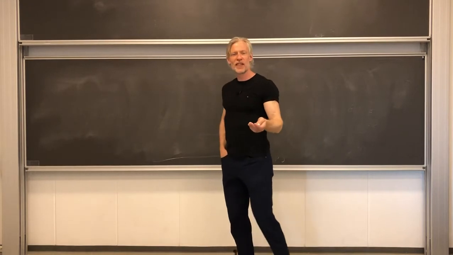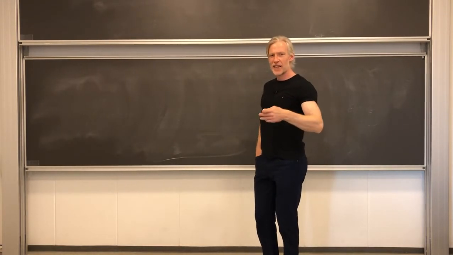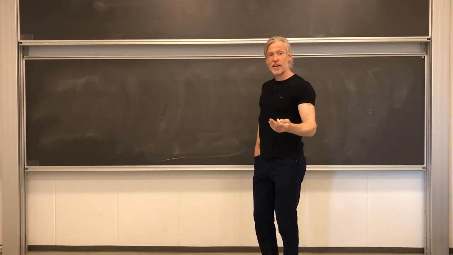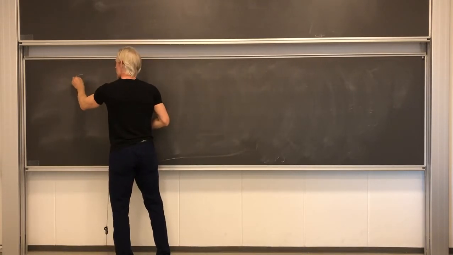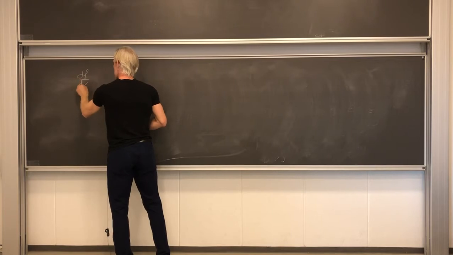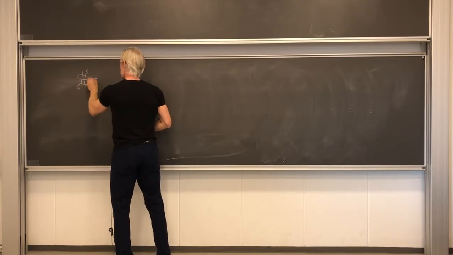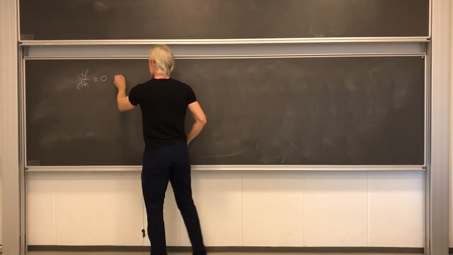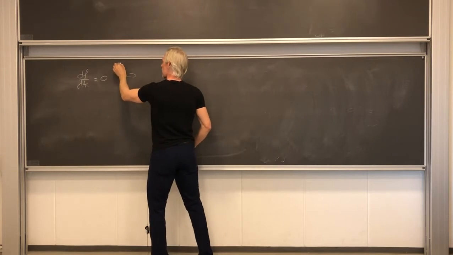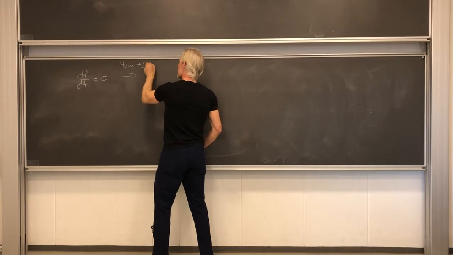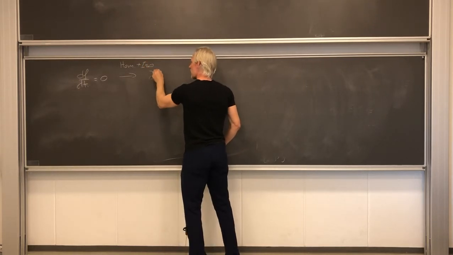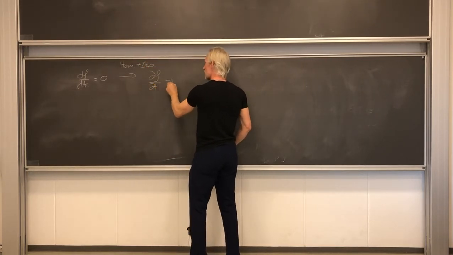Okay, so now we've had a look at the collisionless Boltzmann equation, right? So when we started from this Boltzmann equation, then we showed, based on homogeneity and isotropy, that we could rewrite that equation into this form.